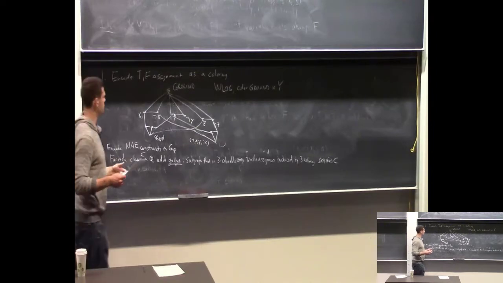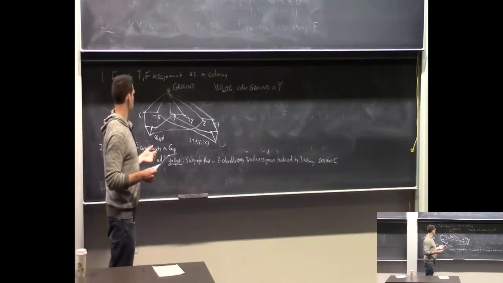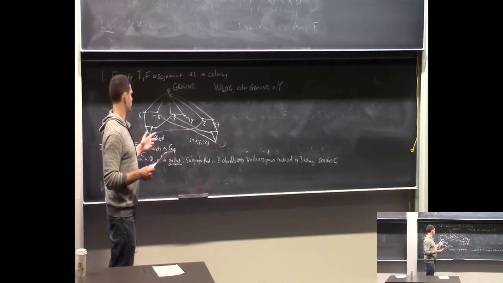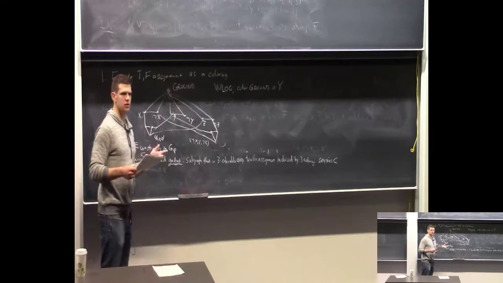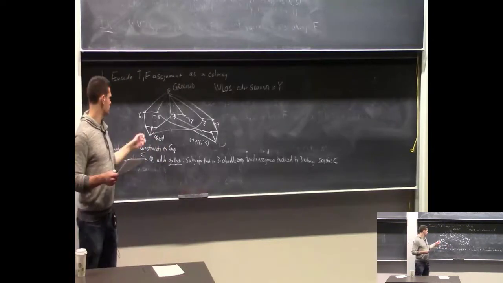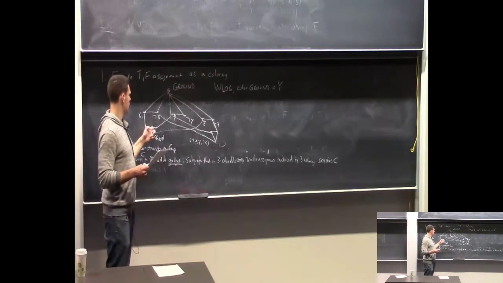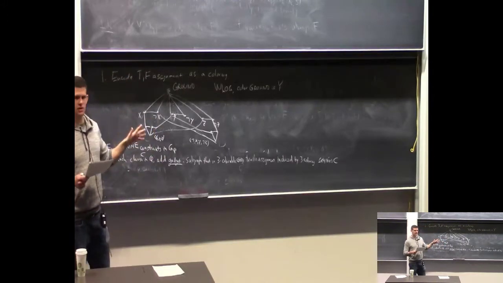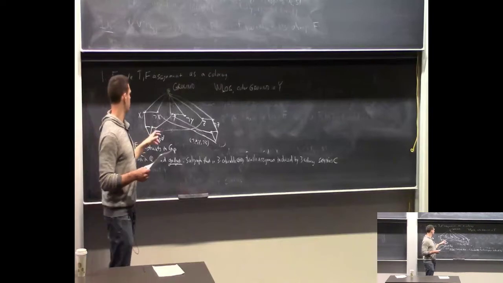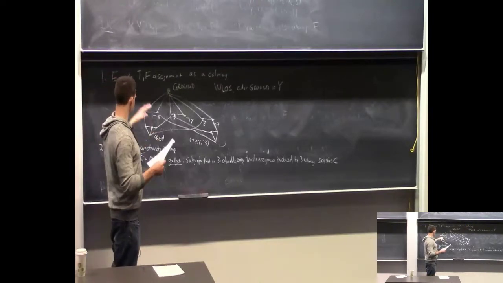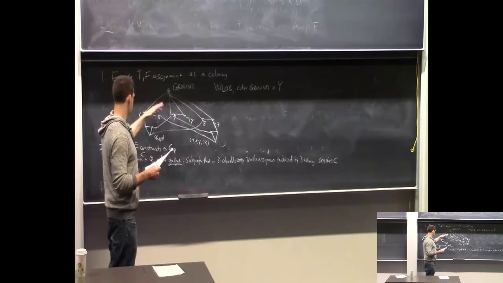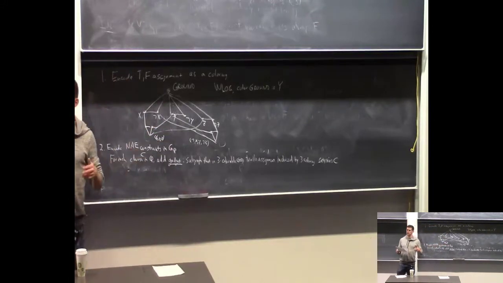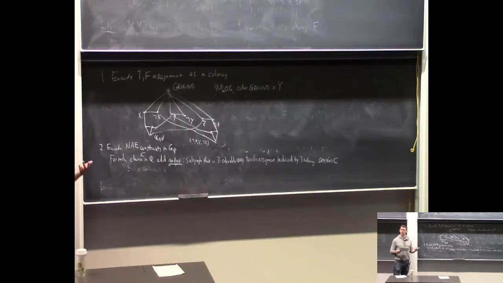And so imagine that your NAE-3-SAT instance was not satisfiable. Then the corresponding coloring to the truth assignment would mean that this triangle was connected to 3 vertices of the same color, right?